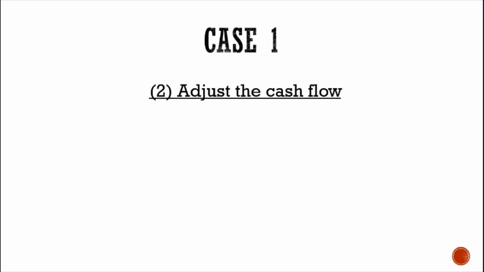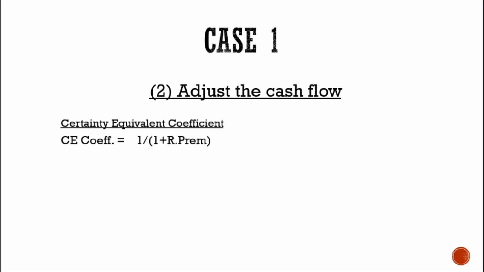Or, what we can do is to use the certainty equivalent approach. Here, we adjust the cash flow rather than the discount rate. We will begin by calculating the certainty equivalent coefficient. This can be arrived at by dividing 1 by 1 plus the risk premium.